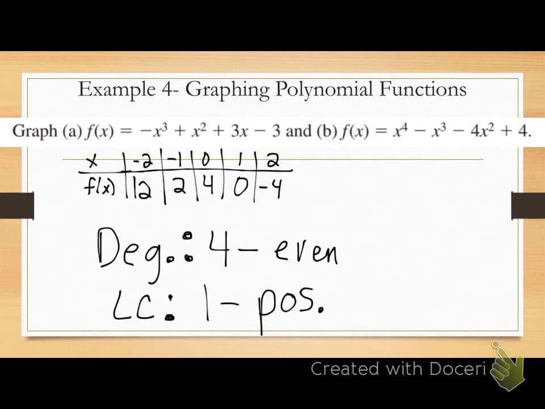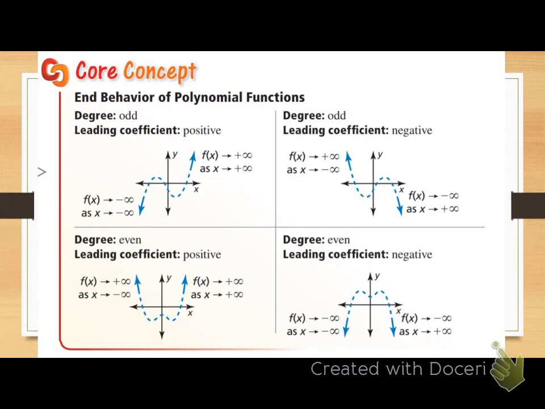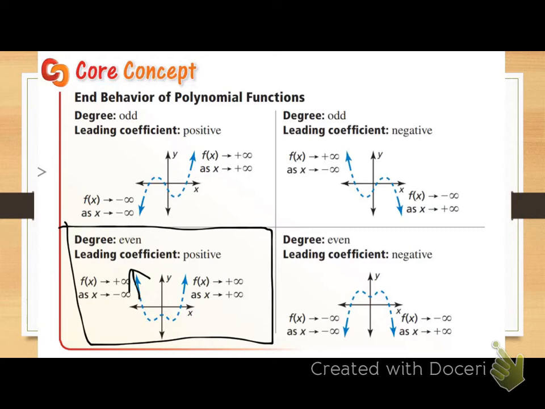So it's positive. So I'm looking for the even positive box. That'd be this lower left one. So as my x values are getting smaller, going to negative infinity, my y values are doing what? Going up to positive infinity. So to the left it's going up.